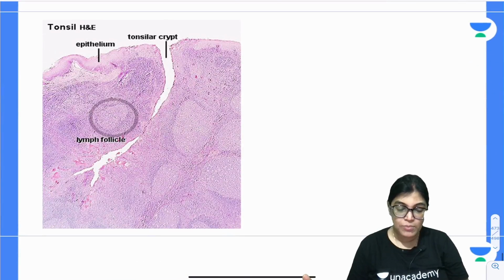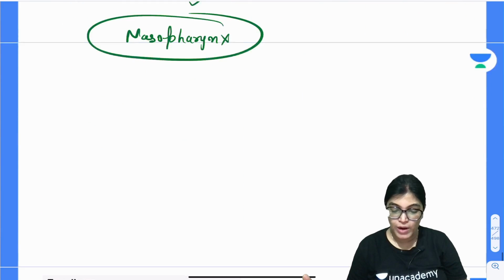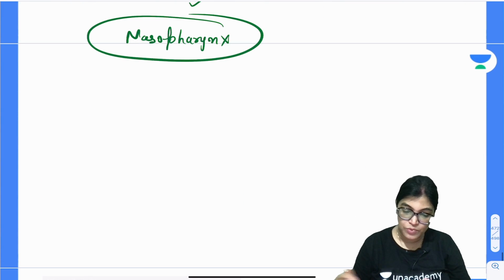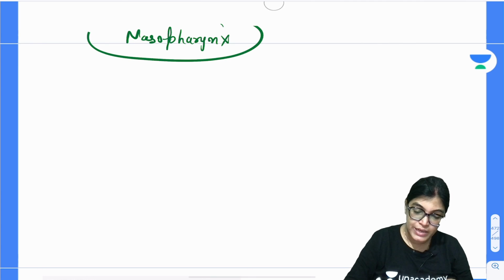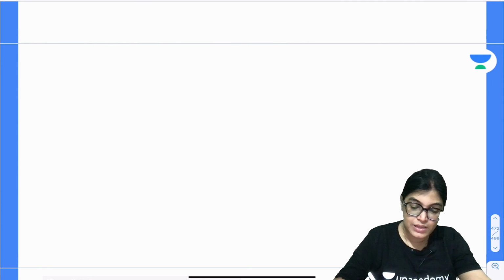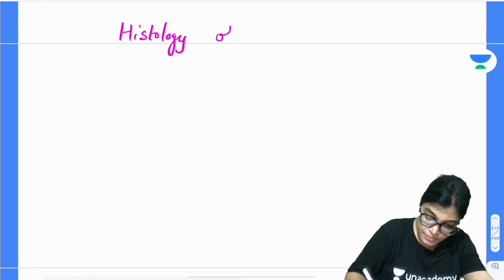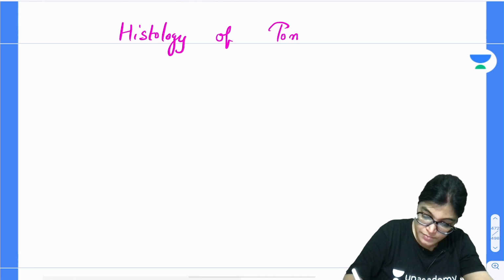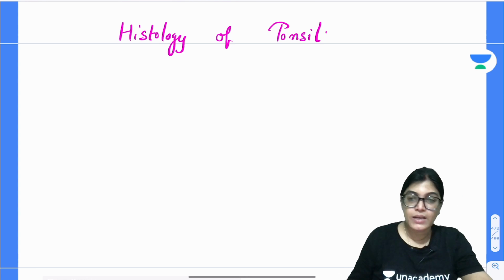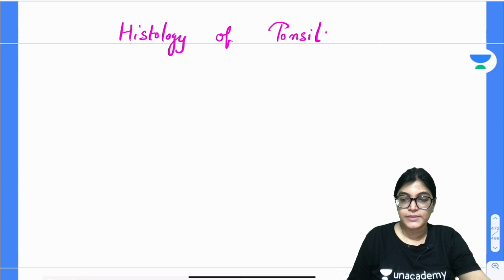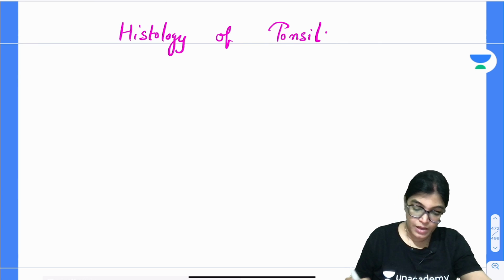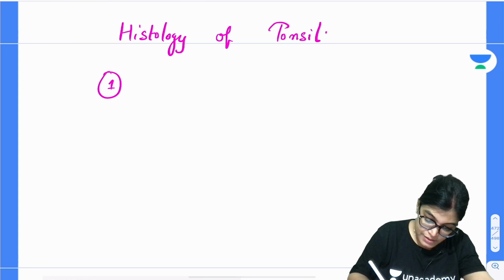Now let's talk about the histology of tonsils. Before showing you the slide, I would like to tell you the histological features, and then we'll proceed with the slide. Histology of tonsil. First point, lining epithelium.